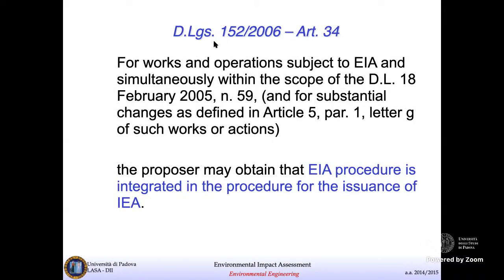Article 34 of Law 152 refers to works and operations subject to environmental impact assessment and simultaneously within the scope of the law decree of 2005, number 59, and for substantial changes as defined in Article 5, Part 1, letter Z of such works or actions.